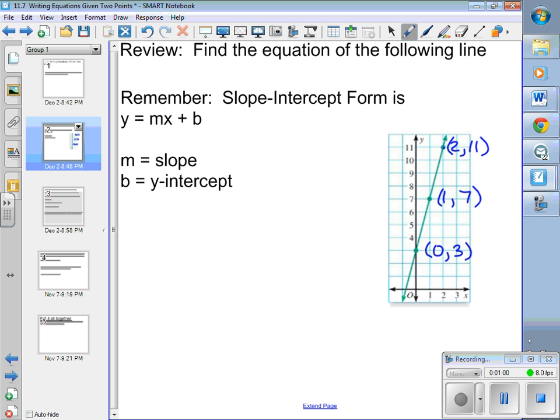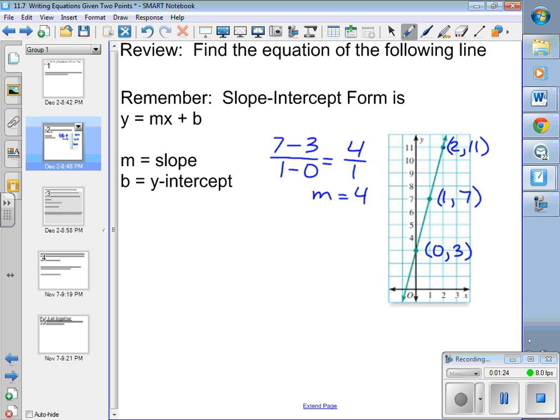We find the change in y over the change in x. So if we use the points 0, 3, and 1, 7, we have 7 minus 3 and 1 minus 0, giving us 4 over 1, and our slope is 4.